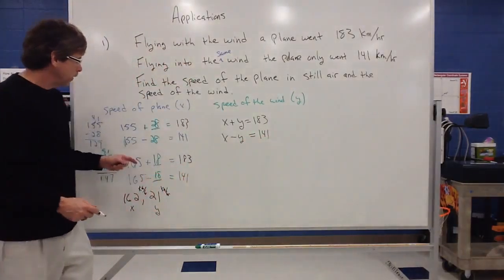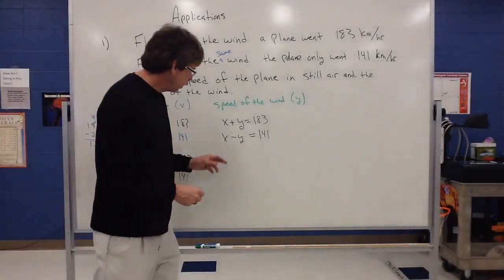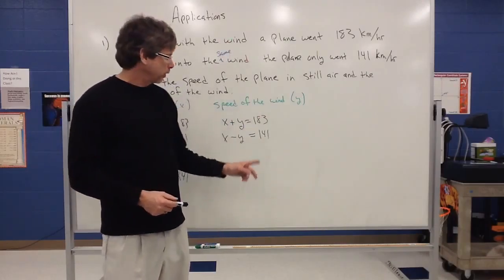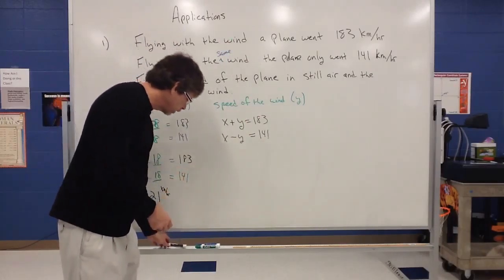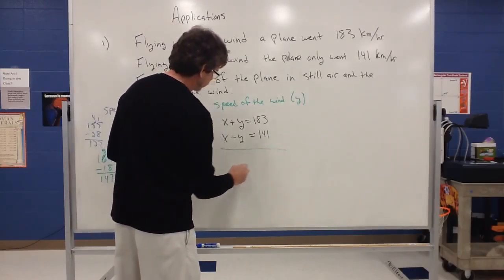So what I can create are 2 linear equations. What jumps out at me is if I add these together with the elimination method, the y's are going to eliminate. I think the elimination method is a very good tool for this.